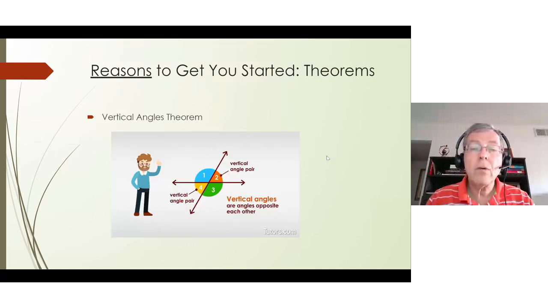Okay, so we're going to need the vertical angles theorem. The vertical angle theorem states that when you have two lines that intersect, the opposite angles are congruent. I'm giving you a little more information, but you can see that already. But we're naming these. So these are vertical angles. So 2 and 4 are vertical, 1 and 3 are vertical. So they're opposite each other.